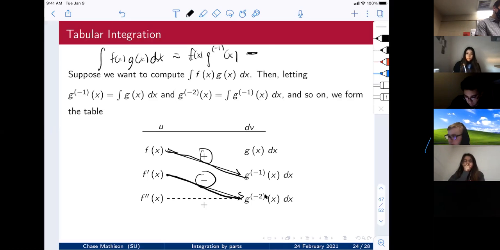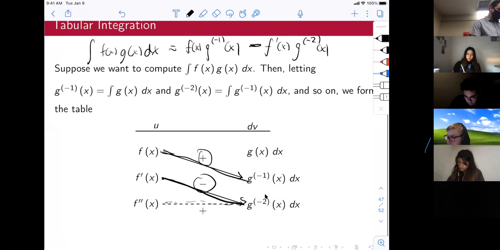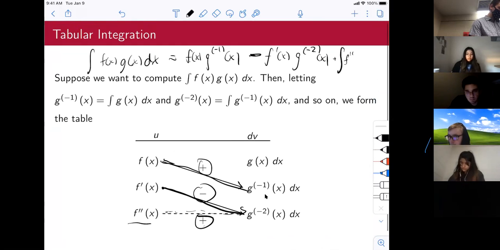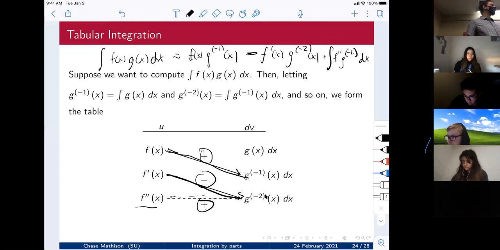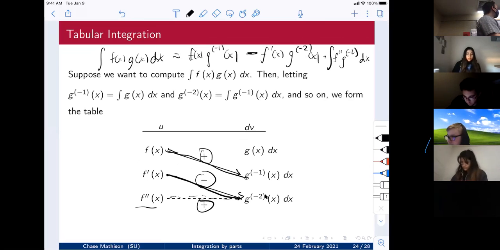So minus f prime of x times another antiderivative of g. And then this dashed line just means now you take plus the integral of f double prime times that second antiderivative. I left out the x's, but those both depend on x.